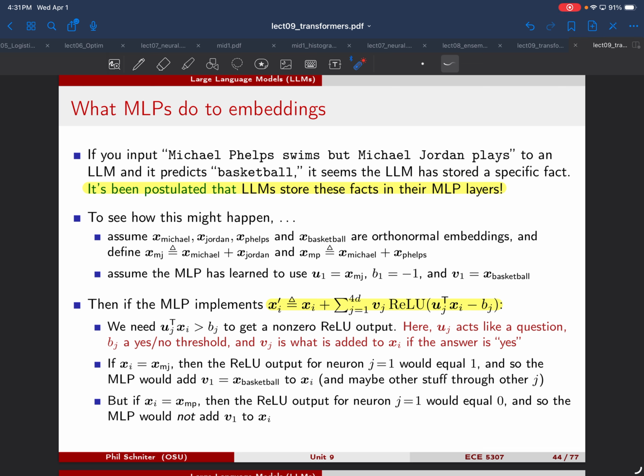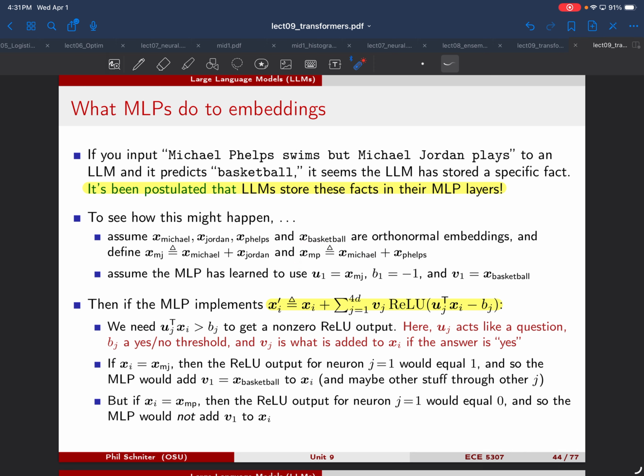Let's define XMJ as the embedding X Michael plus the embedding X Jordan, and XMP as X Michael plus X Phelps. So XMJ has combined Michael and Jordan, and XMP has combined Michael and Phelps.